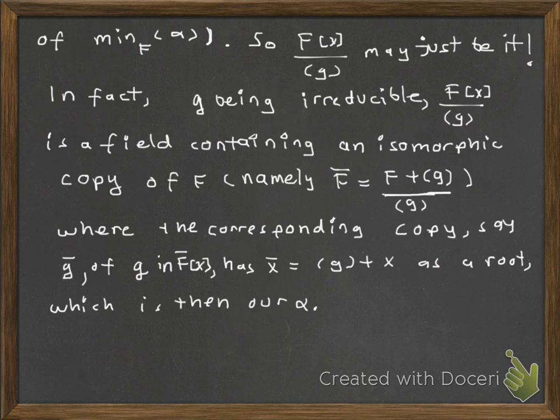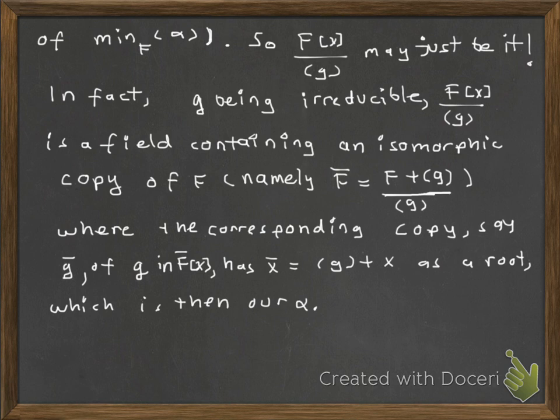So basically, since g is irreducible, this is a field and it contains this copy of F, and the corresponding copy in F' of g, which we denote by g bar, has this guy as its root, which is our alpha.